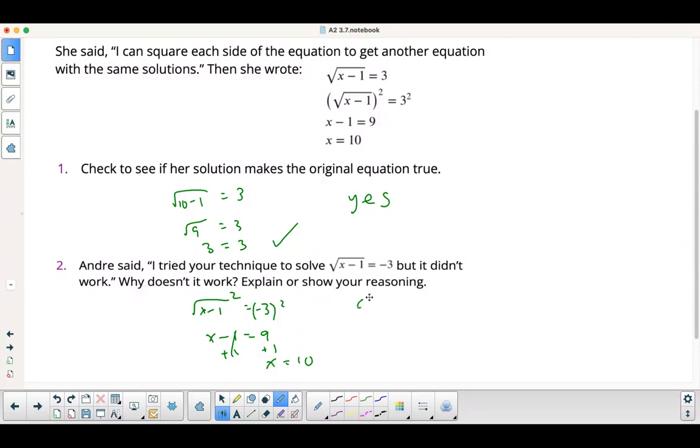But then I'm going to check it like I did on the last one. So it looks good. But the problem is when I go to check it, I get the square root of 10 minus 1 equals -3. Same idea. And then the square root of 9, we only want the positive. So that one does not work. So this would be a no. Okay.